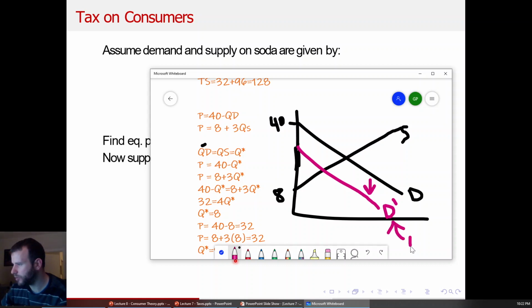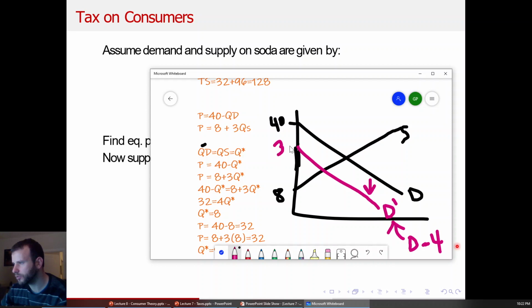So D prime equals D minus 8. Oh, I'm sorry, but not by 8, by 4, the amount of the tax. D minus 4.